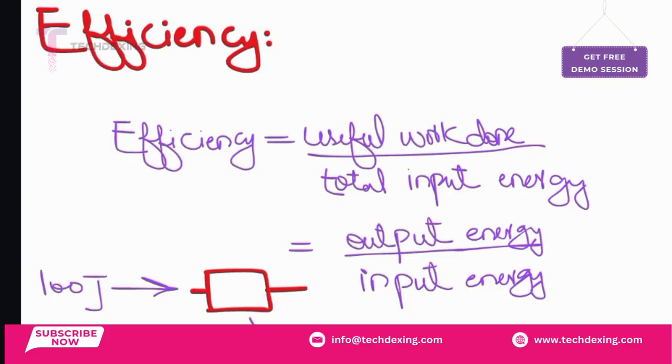Joules? No. The percentage. Yeah, because just like we have seen on the previous page, suppose 100 joule energy was given to a system, suppose it is an electric motor, and it is said that it gave 80 joule of energy as work.